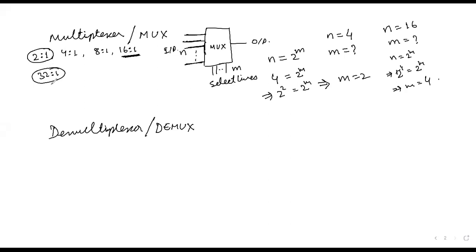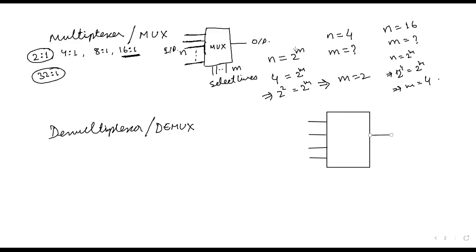What I have said is that larger versions of multiplexers can be obtained using smaller versions. So if we have a 4:1 multiplexer, let us draw that. We will have 4 inputs, and one output only.